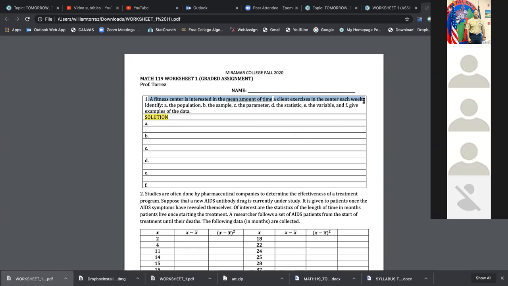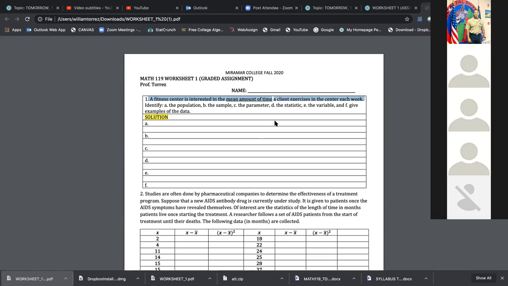So in this problem here, we're talking about a fitness center. And what the fitness center is going to do is take a sample of data to try and understand the frequency of the usage of the fitness center that the clients are using. They're using the fitness center possibly on a weekly basis.